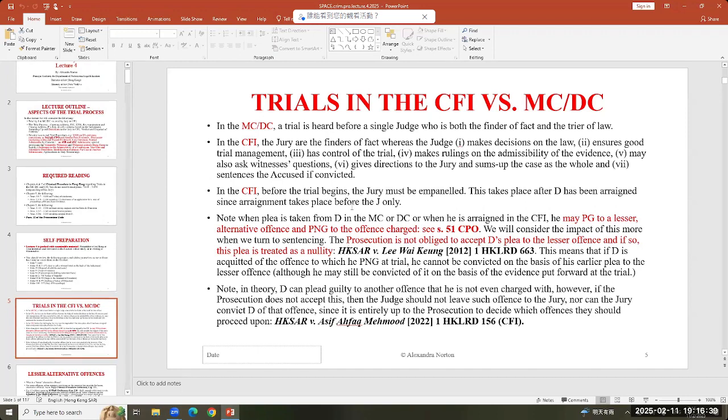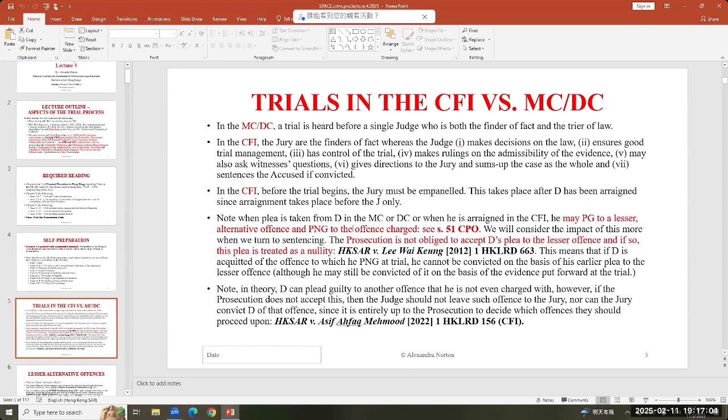Now, I was talking yesterday about taking of plea and this ability to plead guilty to a lesser alternative offense. At both common law and by statute, more serious offenses often have lesser alternatives. For example, robbery. If you look at the schedule to the theft ordinance, there are a number of lesser statutory alternative offenses stated.